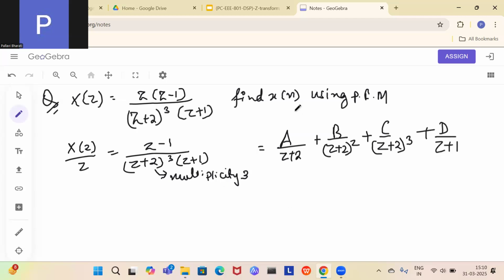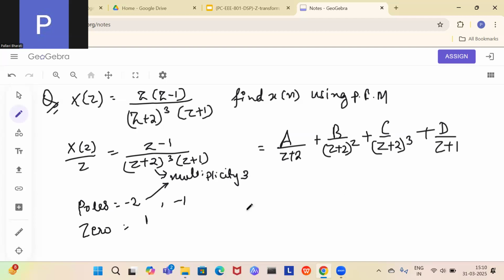So for this function, if I do the pole-zero plot, then we have the poles at minus 2, multiple pole, multiplicity 3, and simple pole at minus 1. Zero is at 1. So by the Cauchy residue theorem, you need to find out the value at these points. So we will be doing that in the residue method.